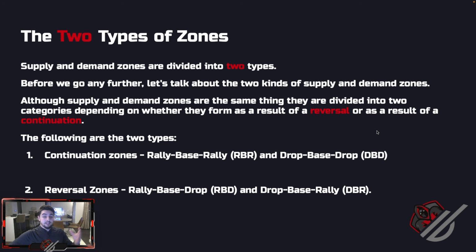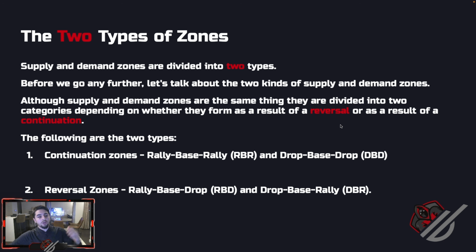The first is a continuation zone, which forms as a rally-base-rally or a drop-base-drop. Scenario number two is reversal zones, which are formed when you have a rally, a base, and a drop, or a drop, a base, and then a rally.